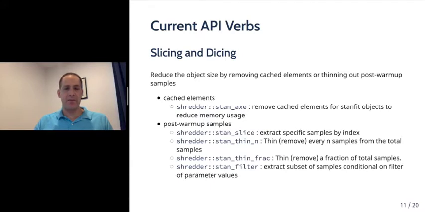Finally, there's stan filter, where it creates a very versatile environment where you can filter across the different parameters in the fit object based on a logical expression of parameters within it. So let's say we have some parameter, let's call it beta, that there's a certain area of it in the post warmup that you want to focus in on.